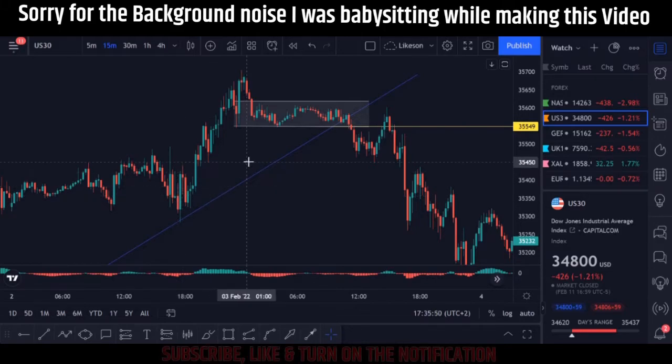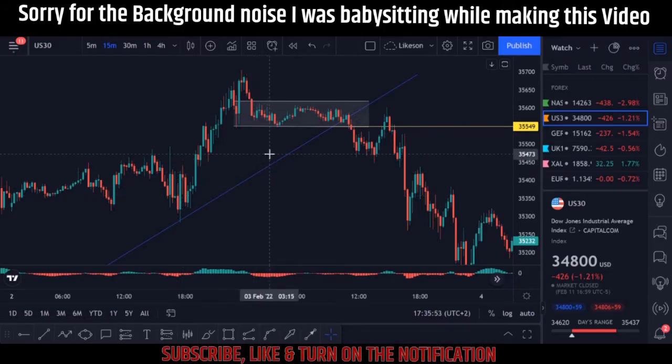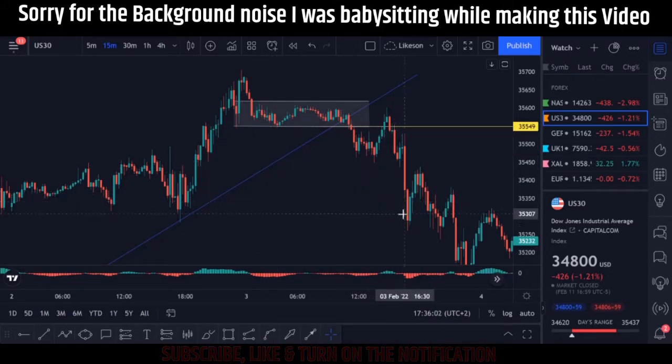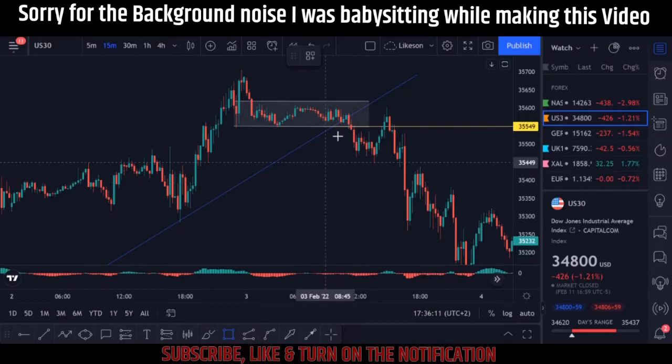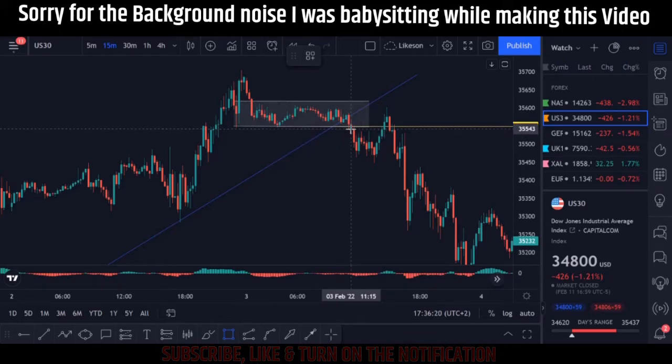In an uptrend, the green candles represent that the market is going up, and the red candles show us that the market is going down, right? So we're going to mark our last green candle. The previous green candle before we broke our high low is this one here, right? So we are going to mark it.